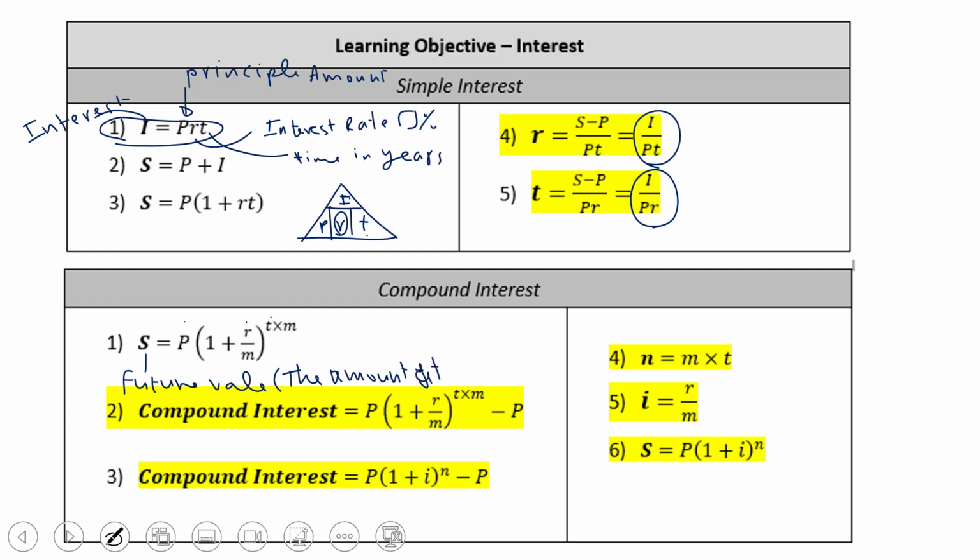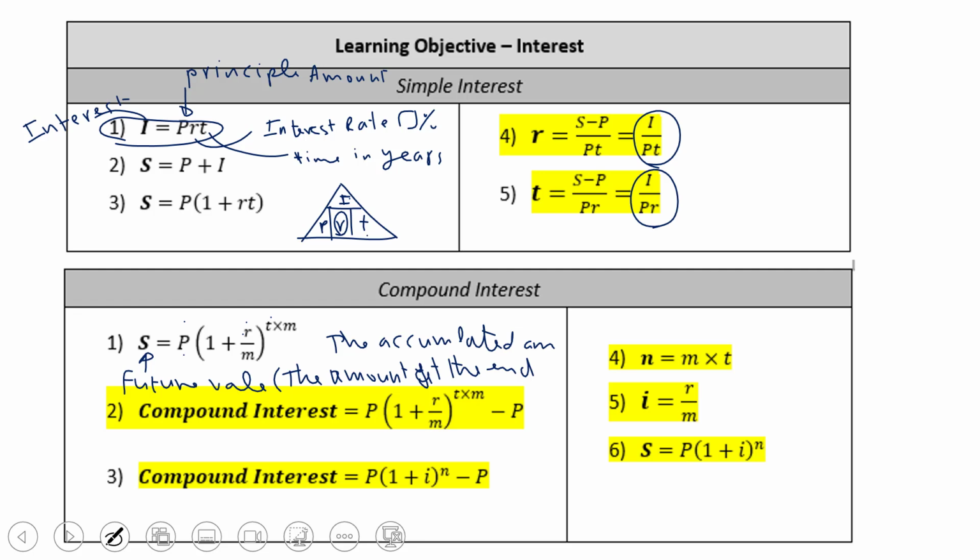Sometimes they call it the accumulated amount. Okay, this is S.